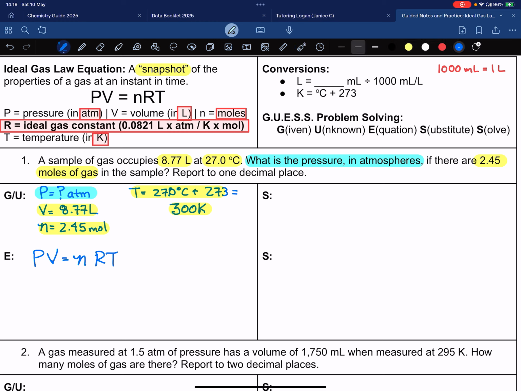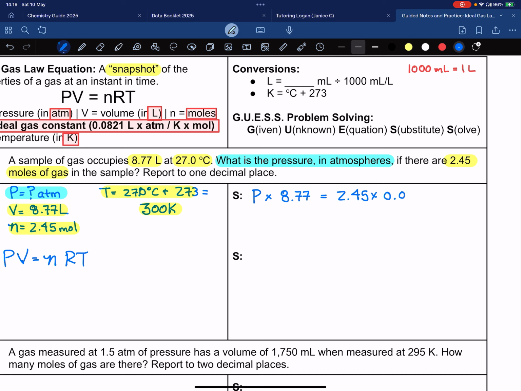All right, so P, don't know, times V, 8.77 liters, is equal to N, 2.45, times R, 0.0821 liter atmospheres over Kelvin moles, times T, 300 K.